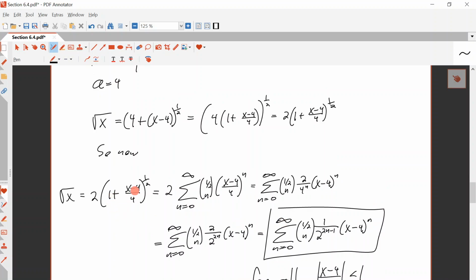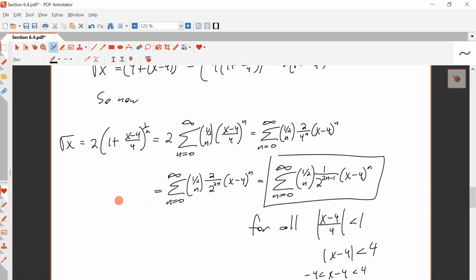Here I have 1 plus blob to the 1/2 power. So wherever the x to the n goes in the binomial series, I just put this blob right there, and then we just modify it so that it's just x minus the center to a power. Okay. So that's the binomial series, and that gives us a lot more power series representations for a lot of other different types of functions.